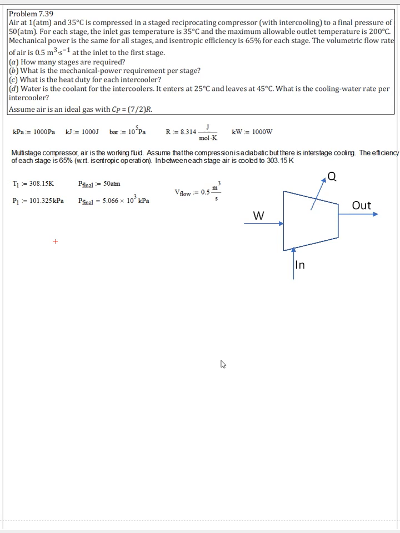We are told that we can assume that air is an ideal gas with a heat capacity of 7/2 R, or 3.5 R. So I've got some preliminary information here.